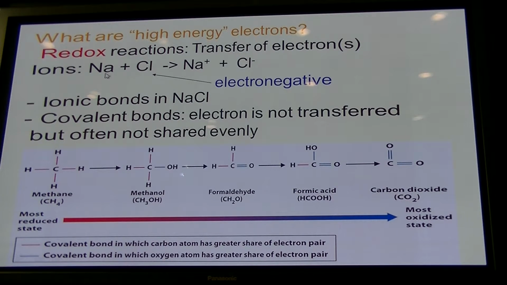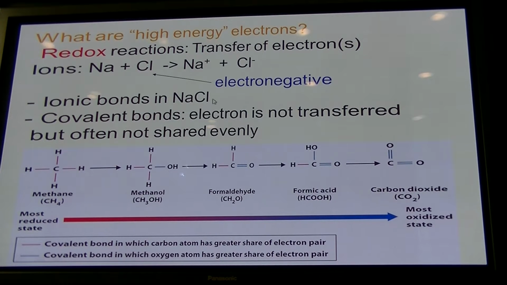In this case, it can steal it from the sodium metal, creating the sodium ion, and in the process, chlorine becomes an ion itself. So together, these two ions form a salt. If they're not dissolved, then we have ionic bonds between them. So this is an example of a complete transfer of an electron. That's a clear redox reaction.